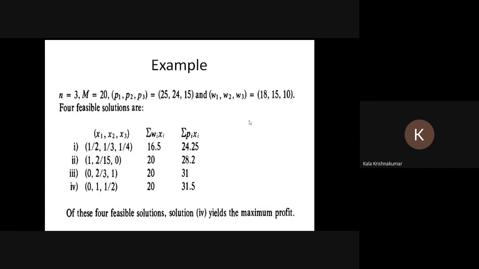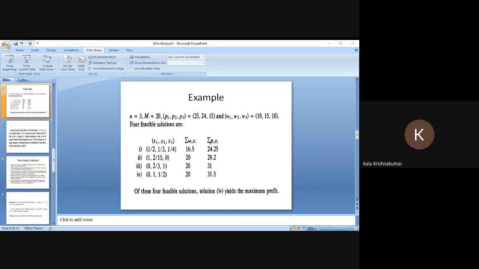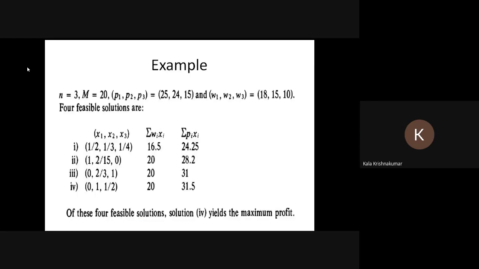So in first place you'll get the third object, then your second object, and the first object. So 10, 15 and 18, that is your order. You are ordering it as W3, W2, W1.